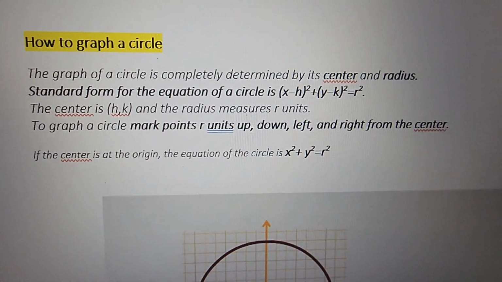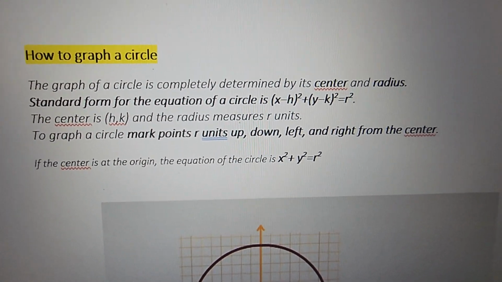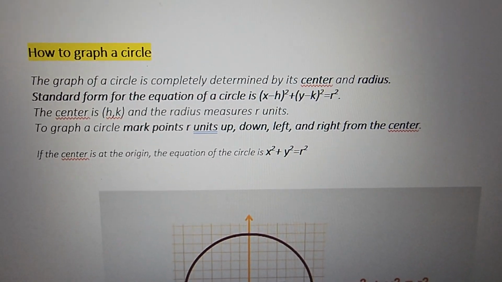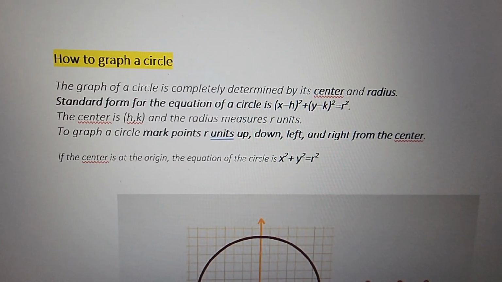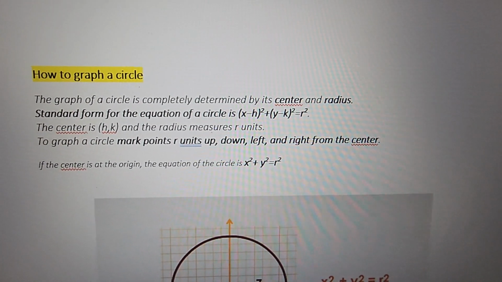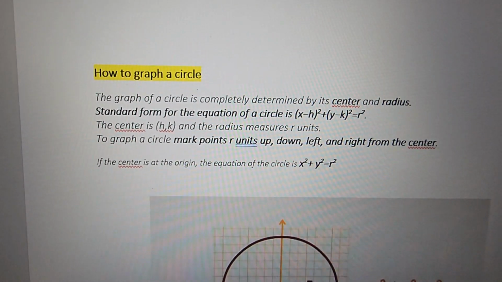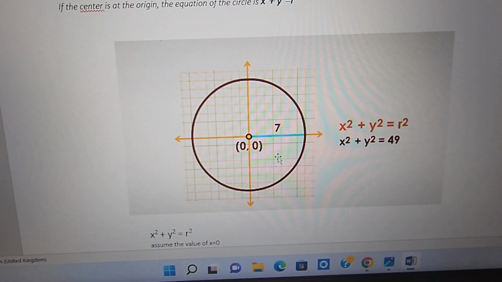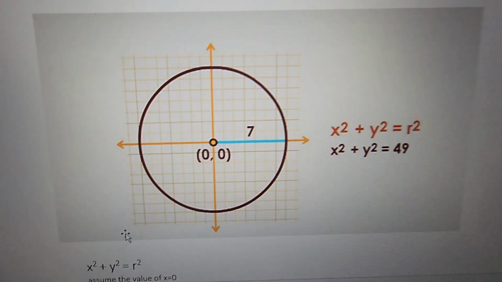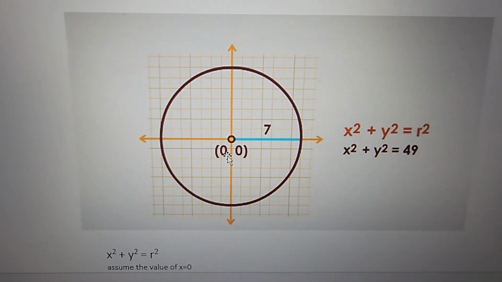The center is (h, k) and the radius measures r units. To graph a circle, mark points r units up, down, left, and right from the center. Let's say this is the circle. The center is at (0, 0).